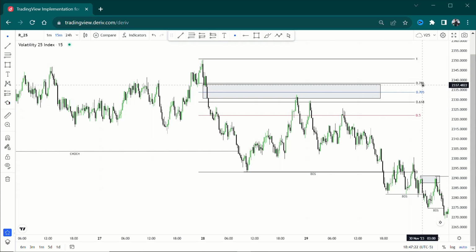This zone, between 0.61, which is just 62%, to 79%, is like the optimal trade entry. High quality trades happen here. I won't even lie to you, I don't know the reason, but they just tend to react a lot more when the POI is in this zone.